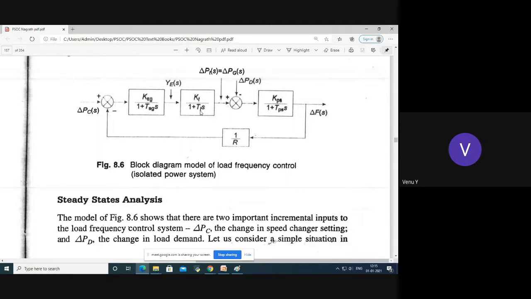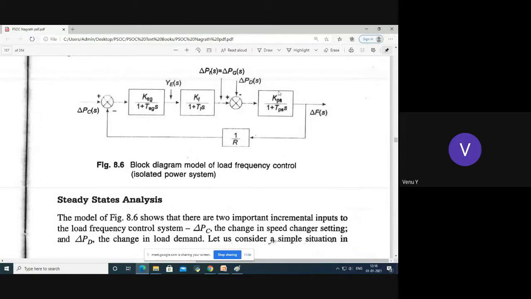After getting input at the turbine, it will take some time to control the power output of the generator. So that power output can be controlled after some time lag. So that is TT. So approximately 0.4, 0.5 like that. These are the time constants.